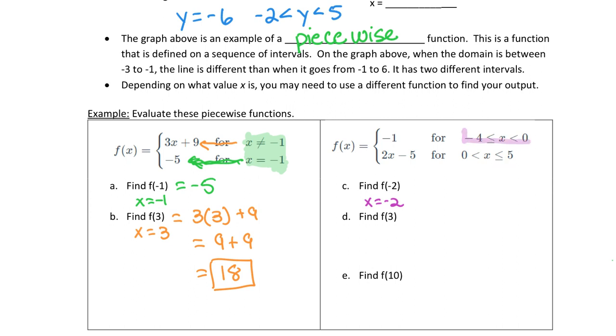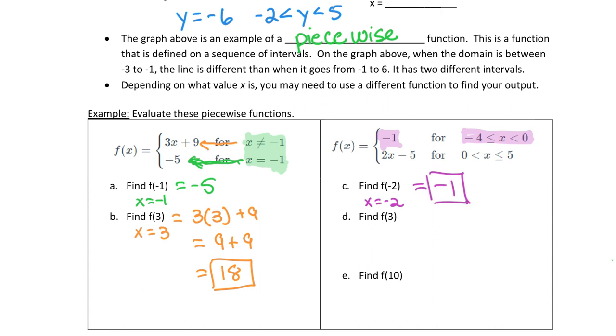So since my -2 falls in here, I'm going to use this function right here. Anytime I have a number between -4 up to 0, not including 0, the answer is just going to be -1. So we're done. That one is -1.